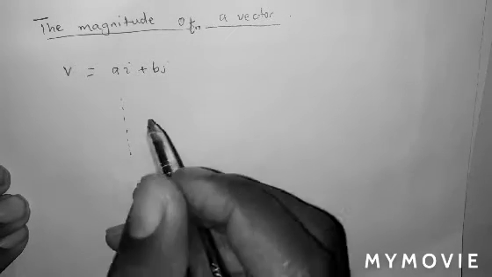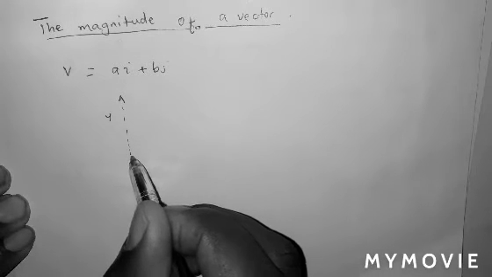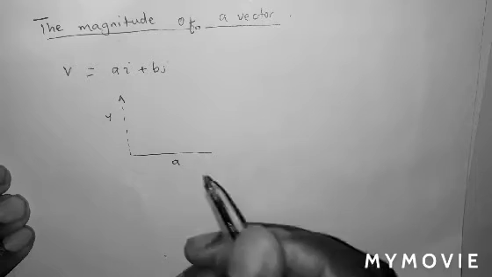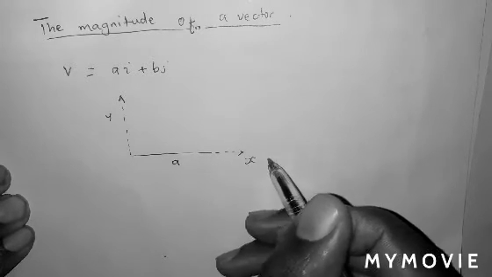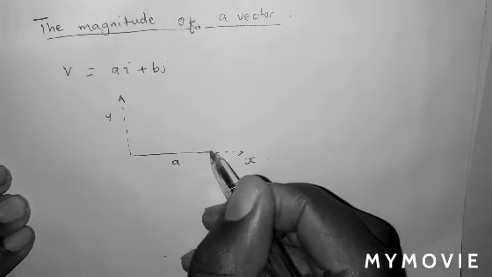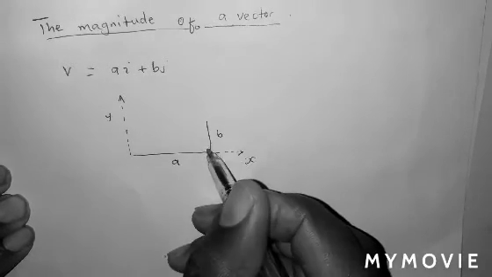as follows. This is the y-axis. So here we are having A. This is along the x-axis. Now we are having B, which is along the y-axis.